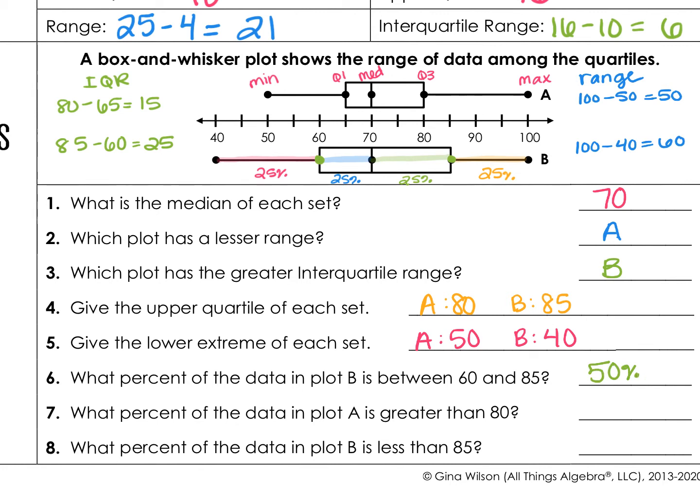If I look at plot A, what percent is greater than 80? That's from Q3 to that maximum, and that's only one section of the graph, so that's only 25%. So even though that looks like a large portion, it's just that section, and each section is 25%.